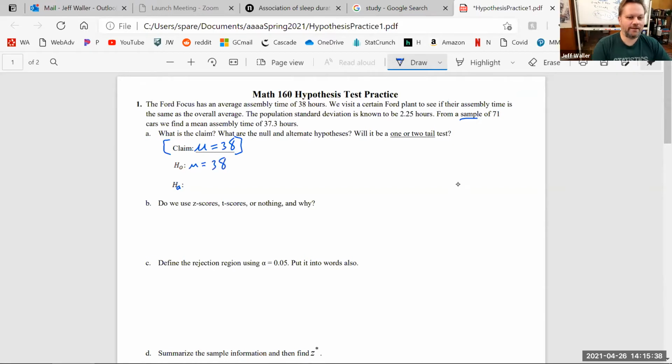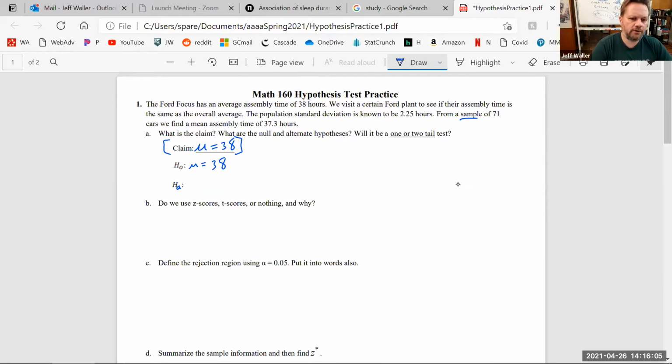I set you up for that. Why is it in the null hypothesis? Why is it the HO? Equal sign. Yeah, it's got an equal sign. So does everybody understand what I just did? You write the claim down. It could be anything. If it has an equal sign, put it next to the HO. If it doesn't, put it next to the HA. It's just how we built hypothesis tests.